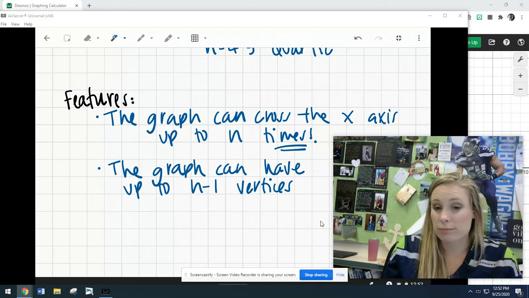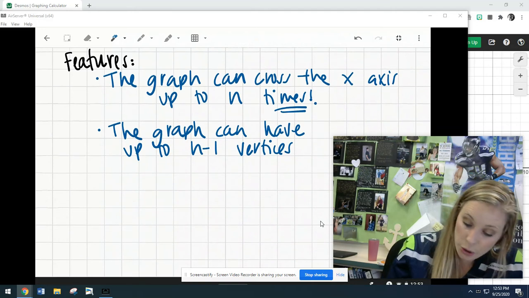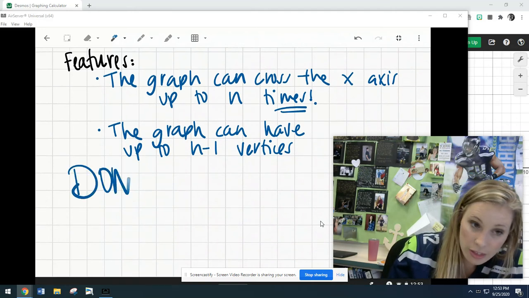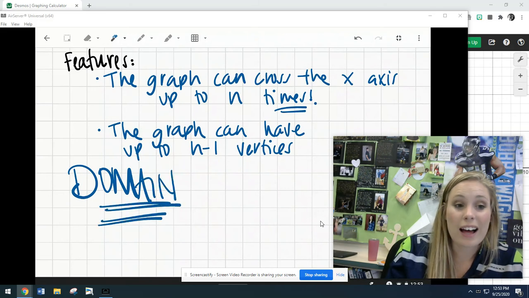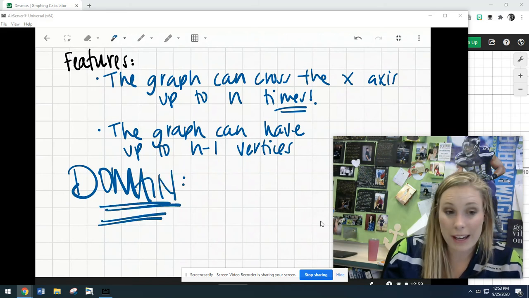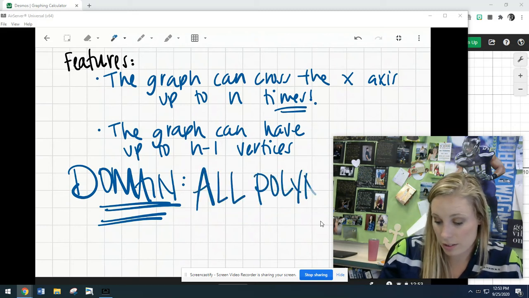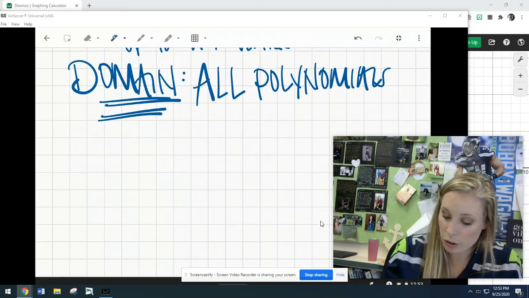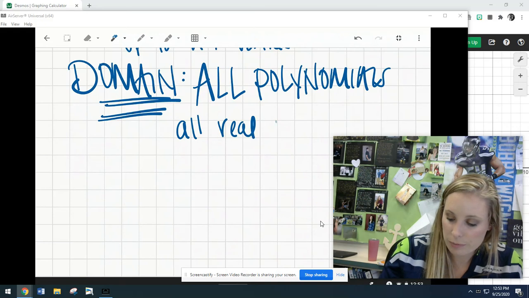You might have 0, but you could have 2. A quartic, you could have 3. And then the domain, and this is a big deal. In pre-calc, we talk about domain a lot. The domain of all polynomials is all real numbers.